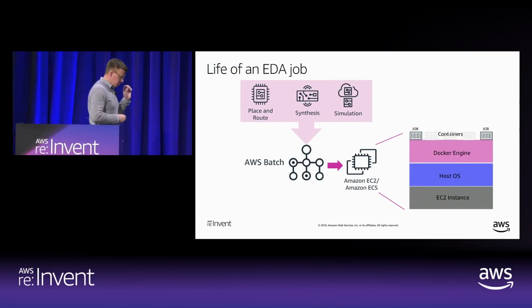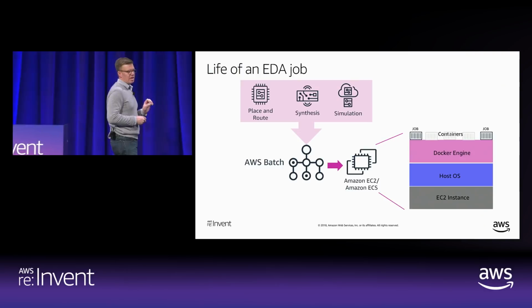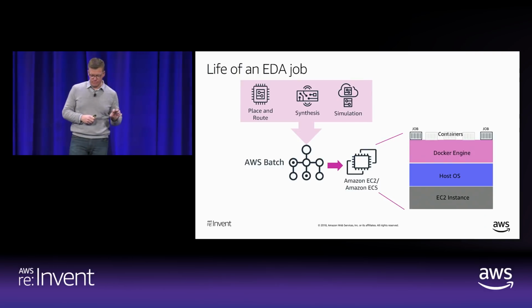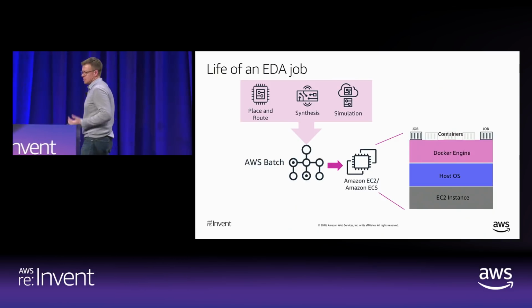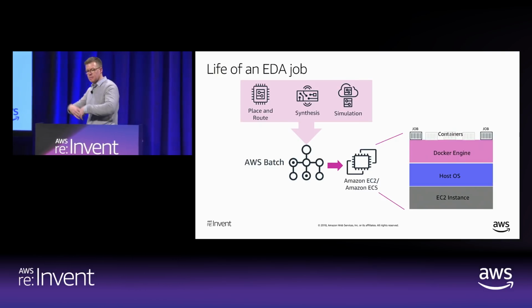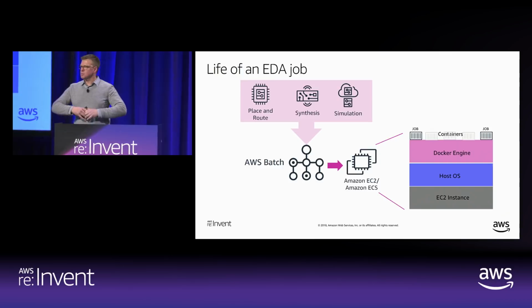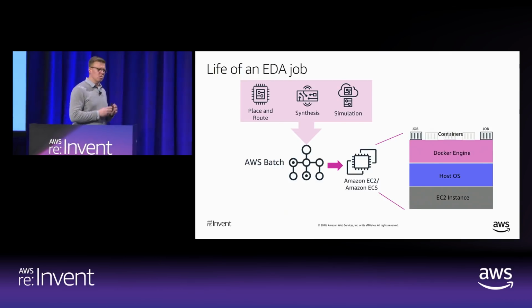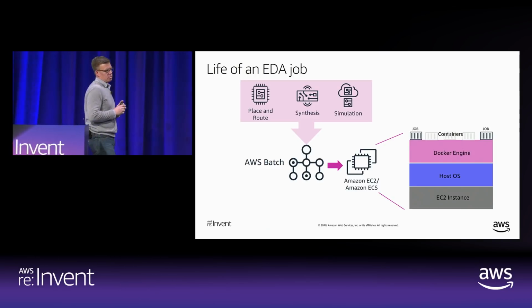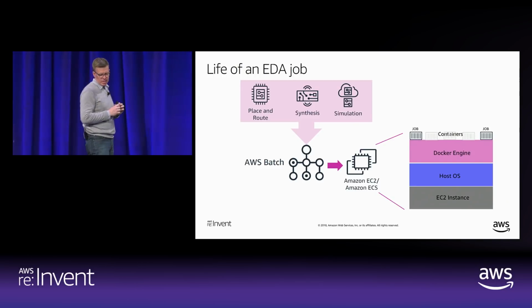So let's zero in a little bit farther on the life of a job in this workflow. The jobs could be a place and route, a synthesis, or a simulation. Those go into Batch, and Batch spins up instances. What is truly running on those instances? This is a view of that.